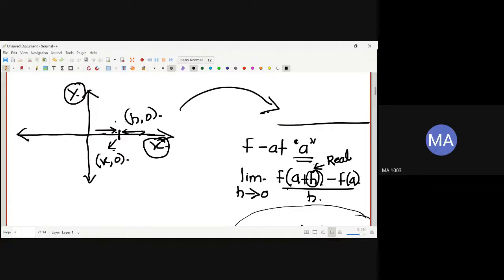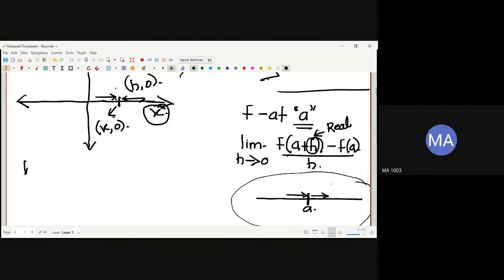So what I have to do now is take the limit h tends to 0 of f of x plus h comma 0 minus f of x comma 0, divided by h, right?